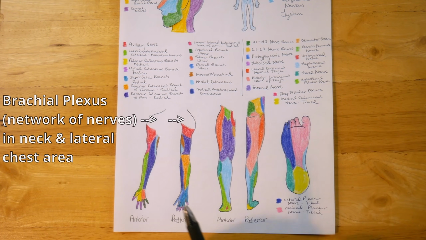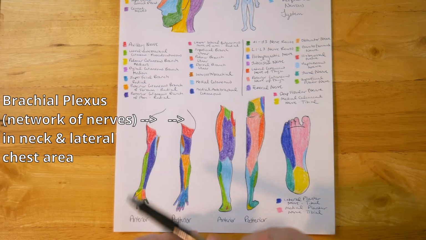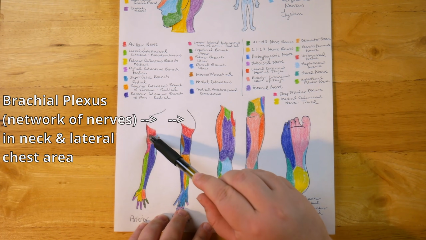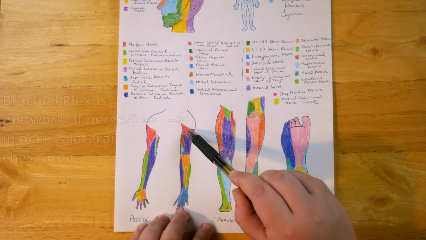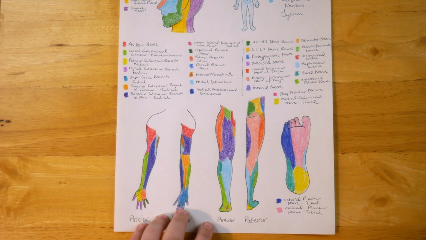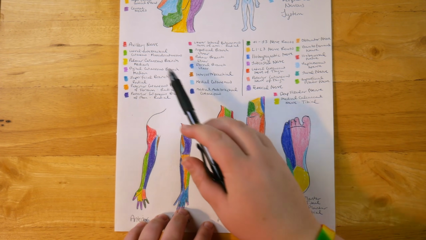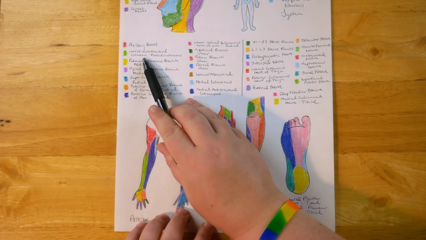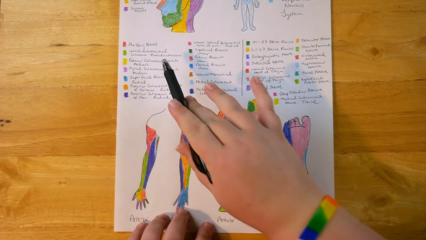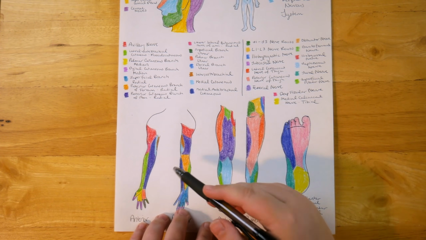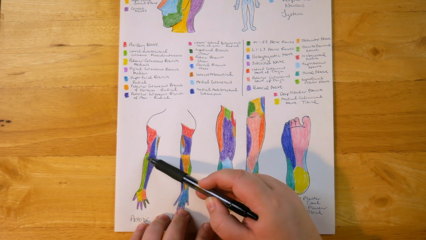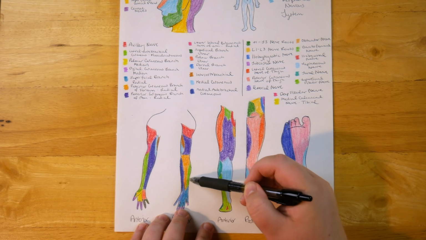So, for example, we have the axillary nerve right here on the anterior, here on the posterior arm. We have the lateral antebrachial cutaneous nerve, part of the musculocutaneous nerve. That's this green color right in here.